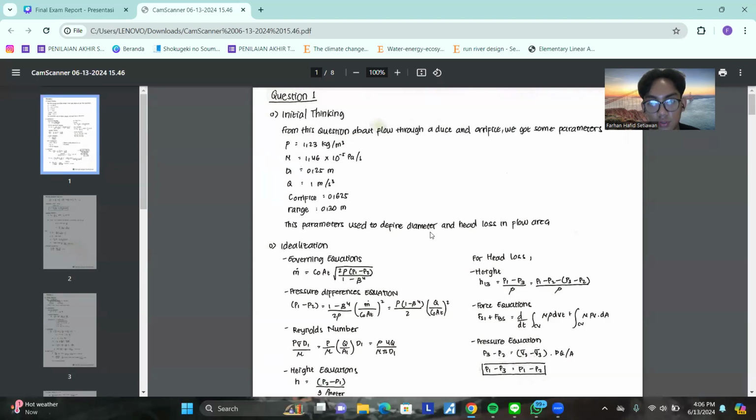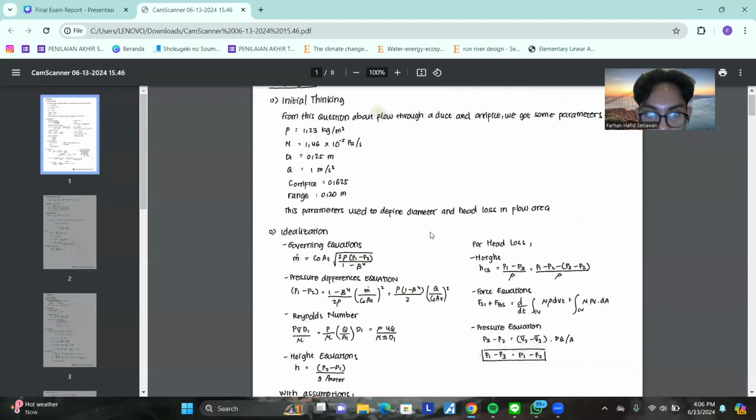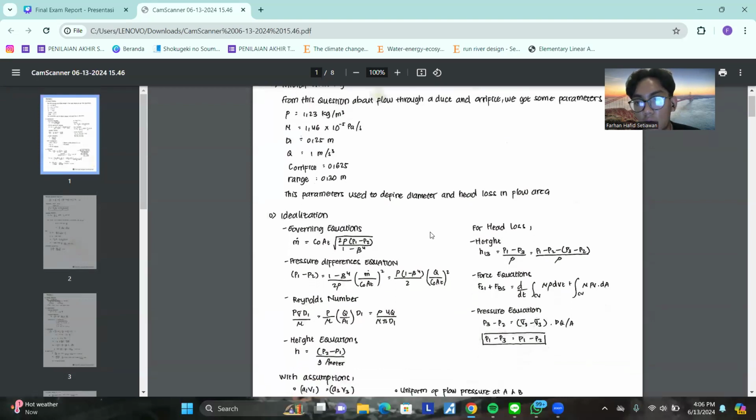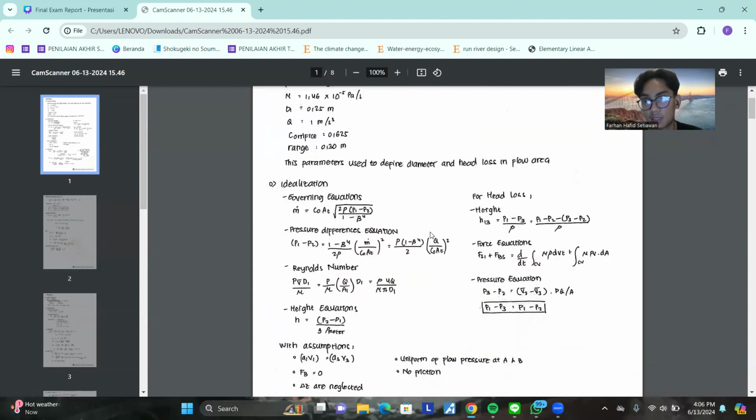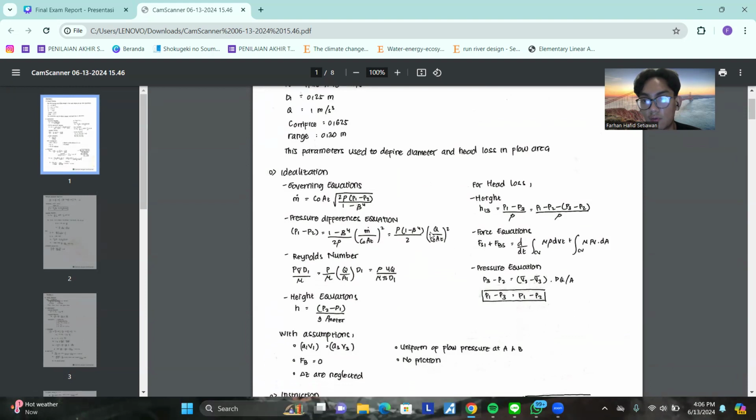Then these parameters are used to define the diameter and head loss in the flow area. For the idealization, we have some equations that help us define the diameter and head loss in the flow area.